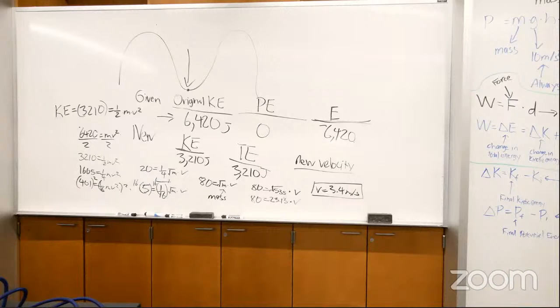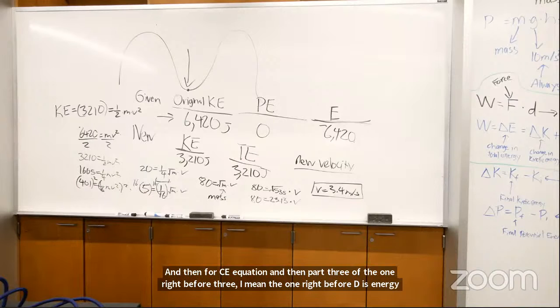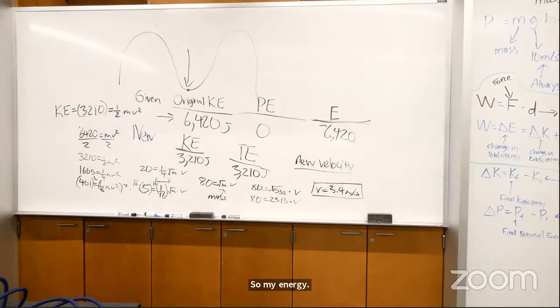And then for part 3 of it, the one right before D, is energy total. So my energy total is KE plus KE, or no, KE plus PE? Yep. Nice. And then write down your substitutions here. So I already know my new kinetic energy is 3,210, right?